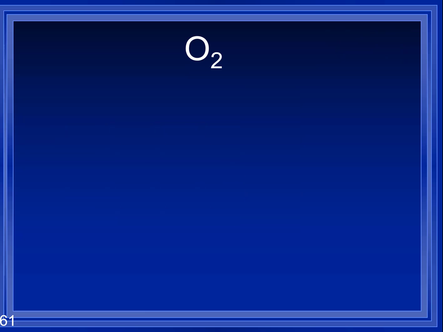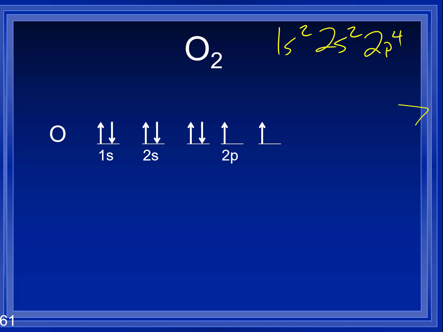Okay. O2 gets a little bit harder. So O2 is 1s2, 2s2, 2p4. Right? So there's my O's.